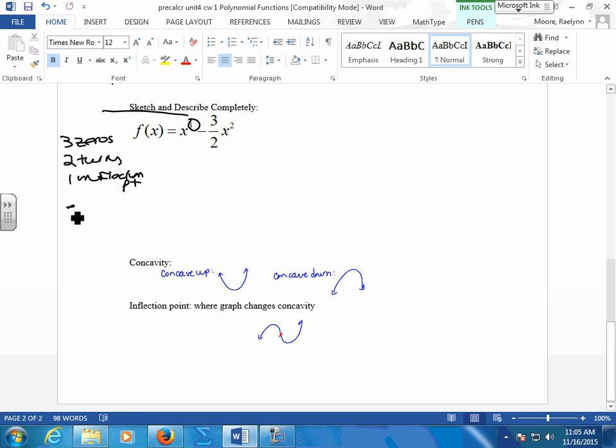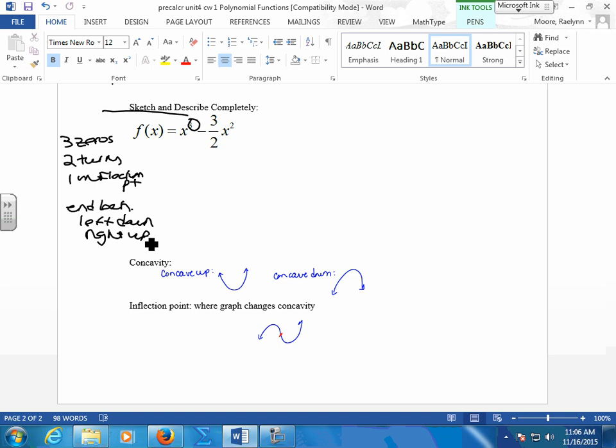Okay, what does my end behavior look like? Left goes down, right goes up. Good. Left down, right up. It is odd and it is positive. So the left is going down, the right is going up. Okay?